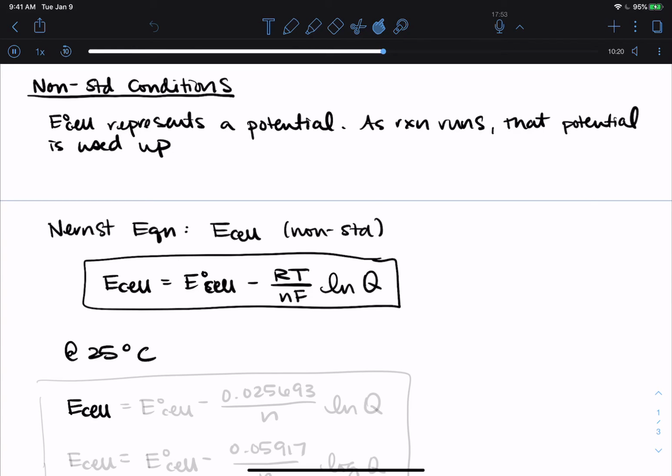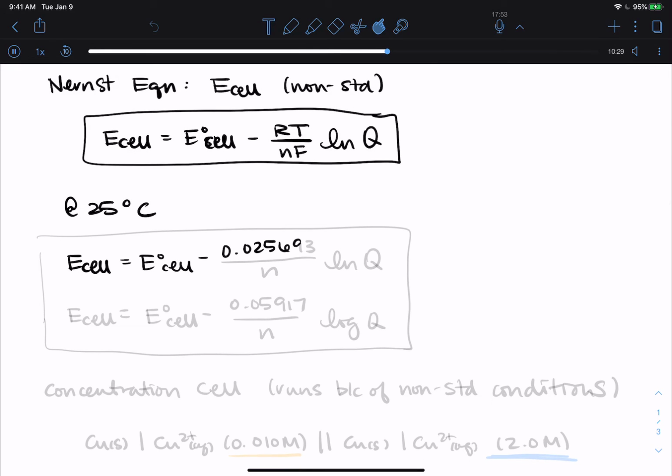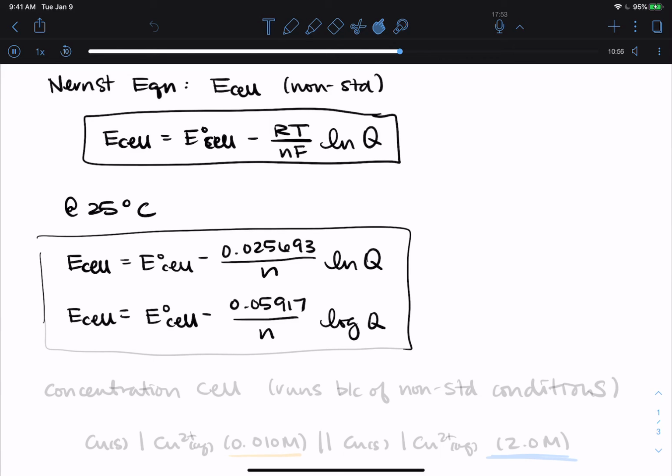So non-standard equals standard, and if you like the natural log, it's minus 0.02569 over n times the natural log of Q. If you prefer your log base 10, it's the standard minus 0.05917 over n times the log of Q. I have no preference on which one you use, so use whichever one is easier for you.